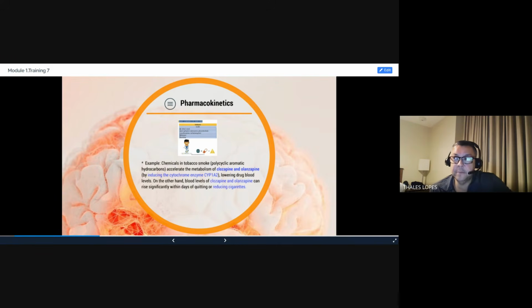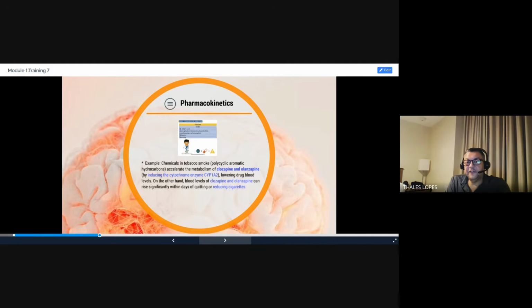So it's the mechanism of the burning, not necessarily the cigarette chemicals in it. So yes, it is a very high yield topic.